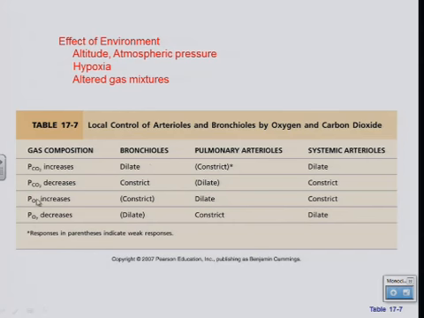Likewise, if we have poor blood flow, say we have a pulmonary embolus, in other words, a blood clot within our lungs, that blood clot decreases the blood flow to that part of the lung, and there's going to be very little CO2 getting to the alveoli. Therefore, we're going to have a low partial pressure of CO2, and then we're going to constrict the bronchioles, and now we match poor blood flow with poor airflow.